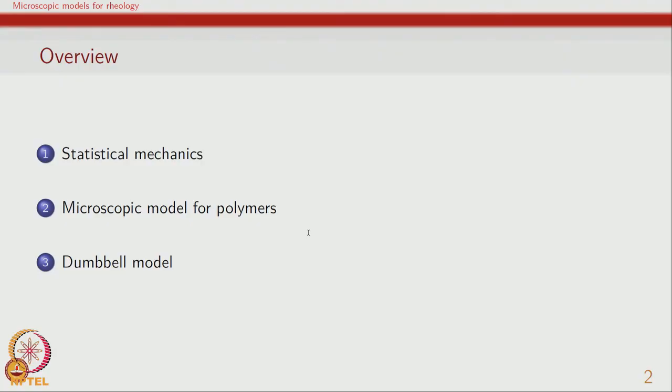Specifically, what we will do is initially just review some key concepts of statistical mechanics. Going from the microscopic scale to the rheological response, we require tools of statistical mechanics, so that we can average the behavior which is observed at the microscopic scale to obtain the bulk response.